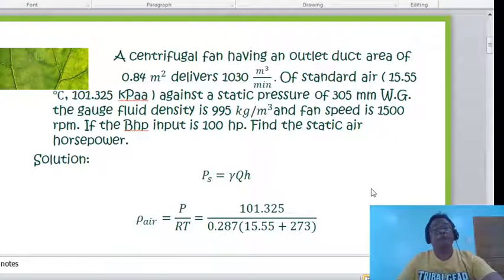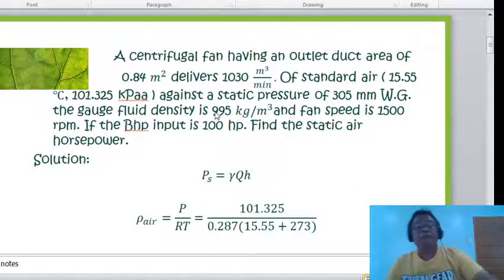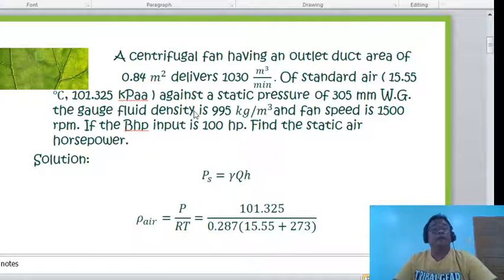If the brake horsepower input is 100 horsepower, find the static air horsepower. Okay, static air horsepower. Meaning, if we are going to determine the static air horsepower, we are only going to consider the static head of the fan.